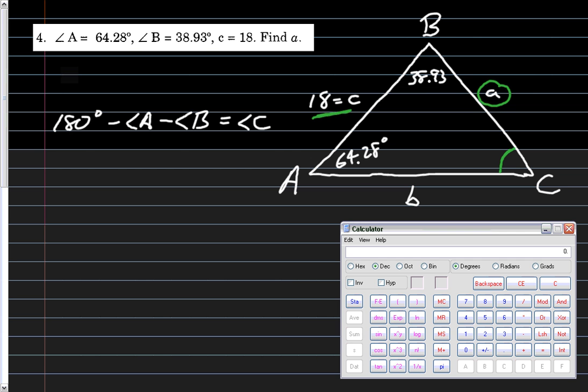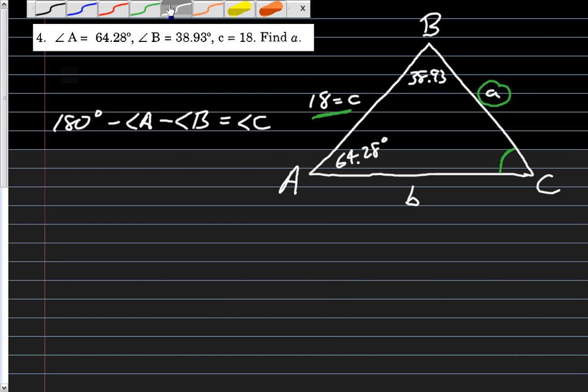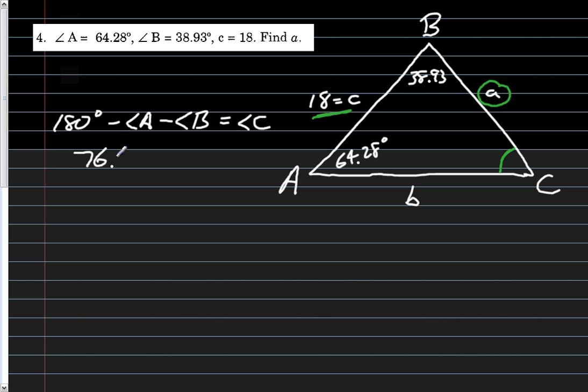So if I bring up my calculator here, and take 180, and I subtract 64.28, and then I subtract again 38.93, we see that angle C is 76.79 degrees. So let's get that written down. 76.79 degrees. That's going to be angle C.